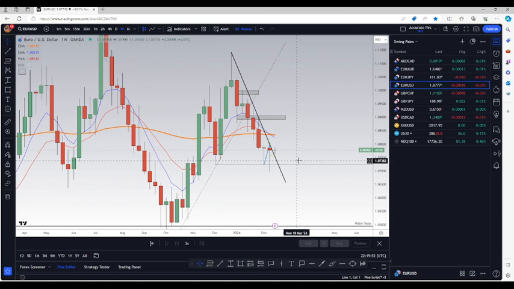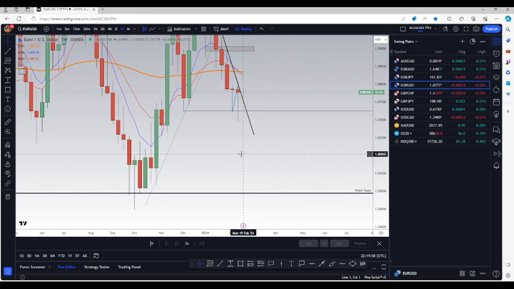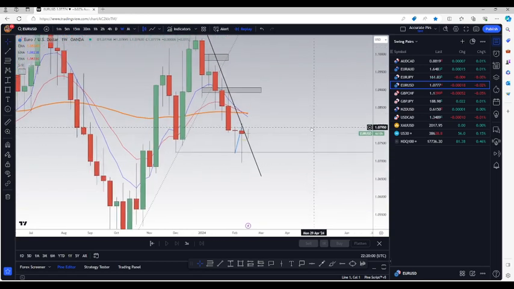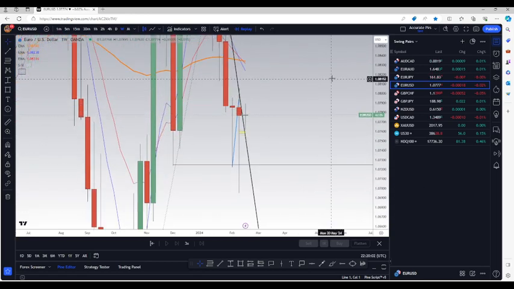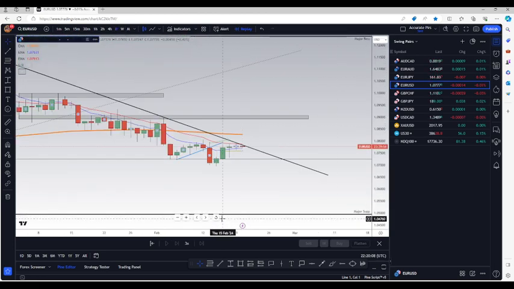Cool. Yeah, it's just one of those things. I always get Dragonfly and Gravestone Doji mixed up. Yeah, it looks like it wants to push towards the upside.